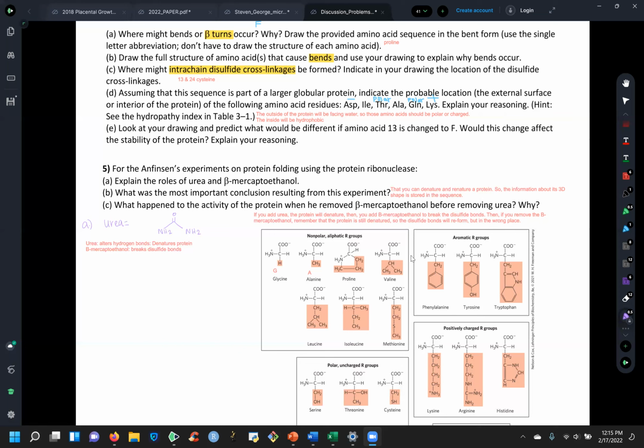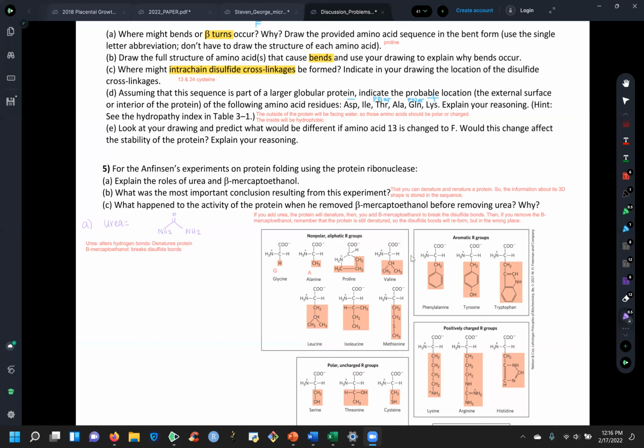Now, this is kind of like a puzzle here. So let's say you add urea and beta-mercaptoethanol. Fully denatured, so I'm going to say fully unfolded.